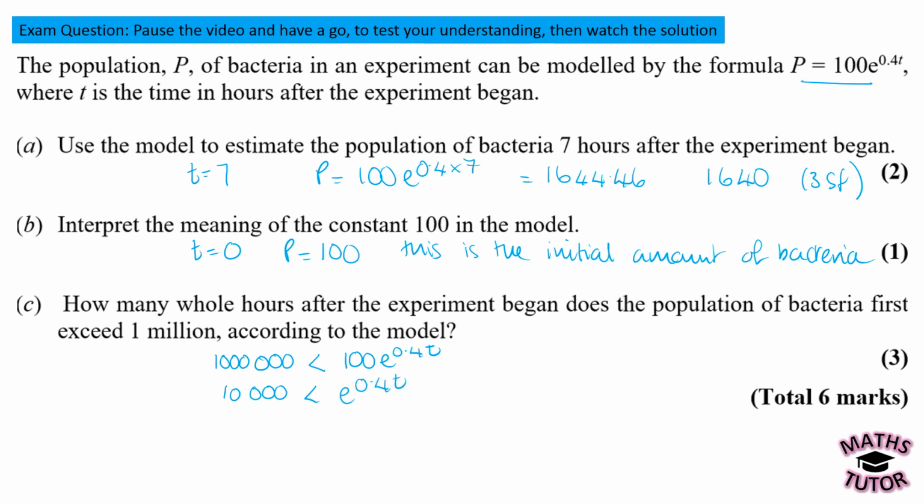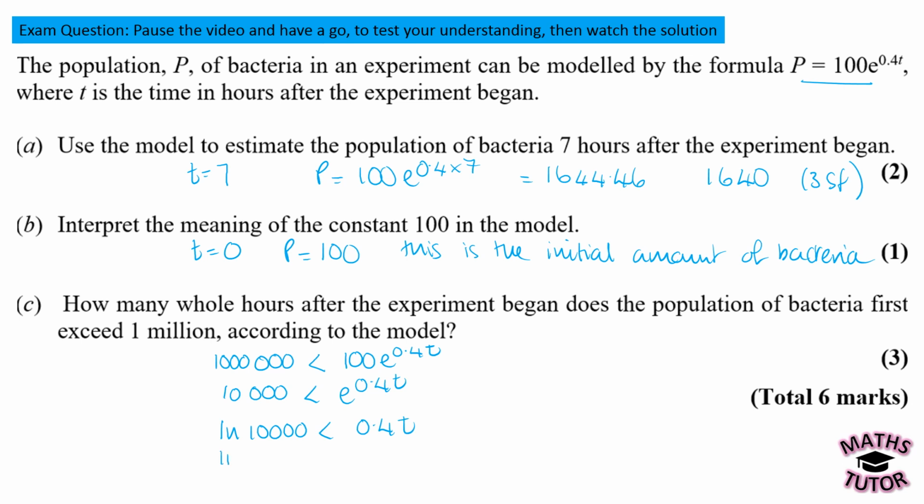Now, whenever you've got the unknown in the power, what you do is take logs, and because we are base e, we're going to take the ln's to both sides. So the ln of 10,000 has to be less than 0.4 t.